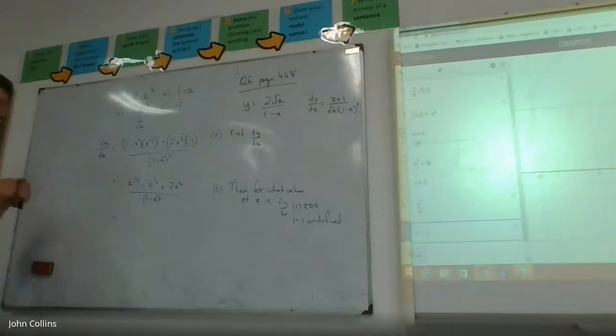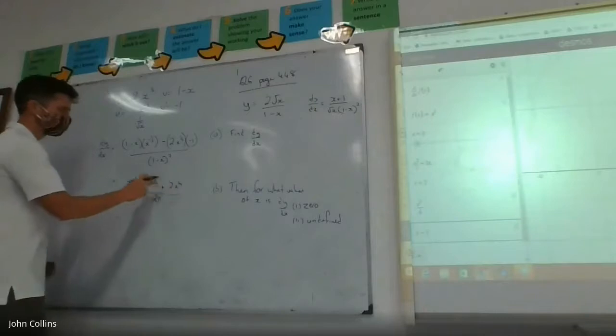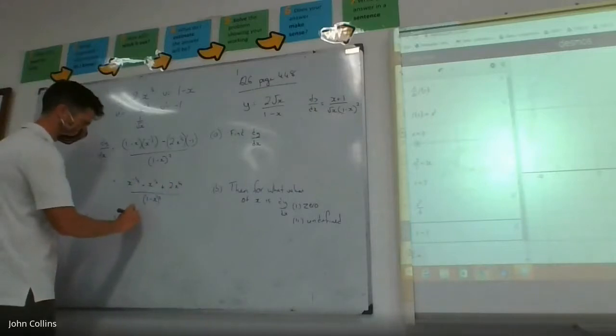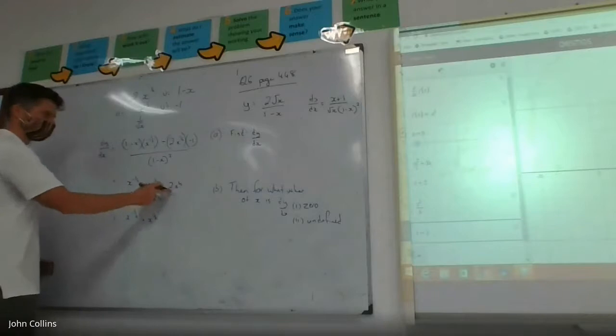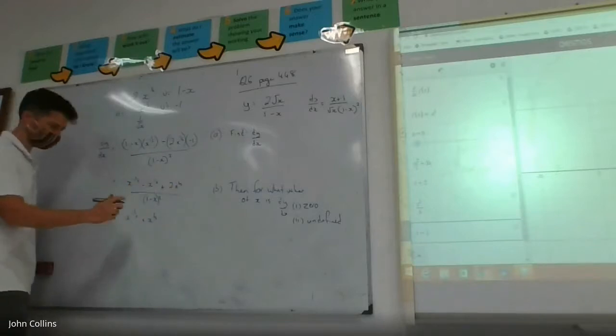Okay. So you're saying it's x to the negative a half plus x to the half, is it? Plus 1 x to the half, because 2 of them take away 1 of them.